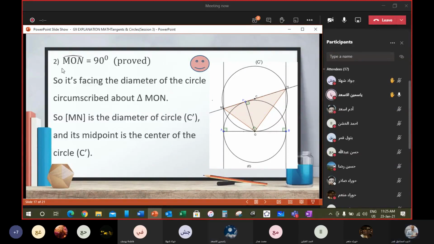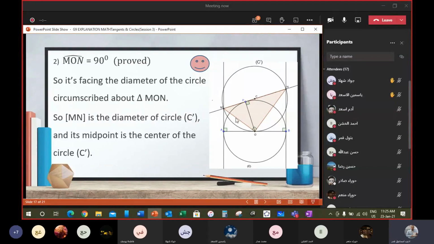So we want to prove that this circle C prime is tangent to AB. First, angle MON equals 90 degrees, proved. So it is facing the diameter of the circle circumscribed about triangle MON.